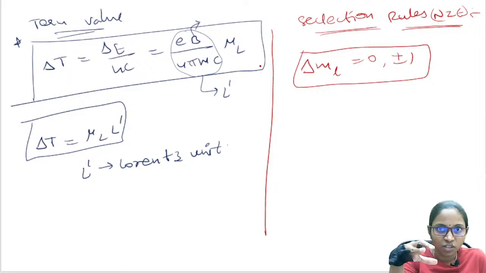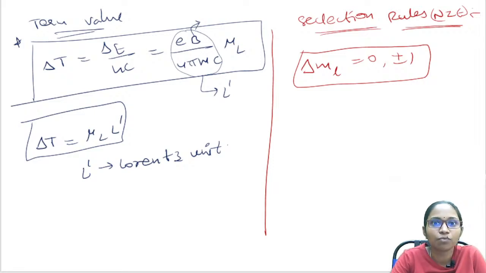Here the interaction is in between L bar, that is orbital angular momentum, and the magnetic field. Therefore, the external magnetic field is weaker than the internal magnetic field. You have to remember this.